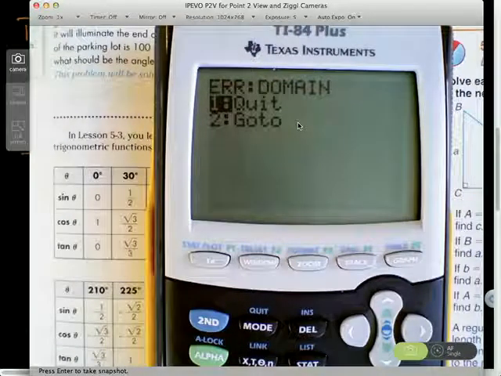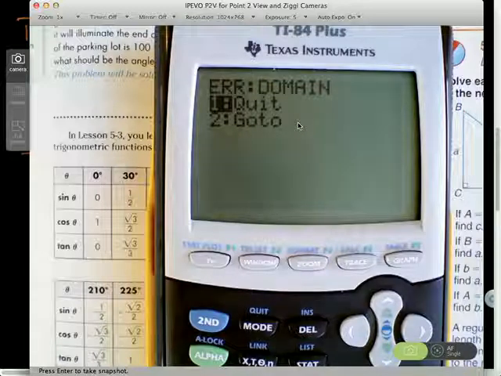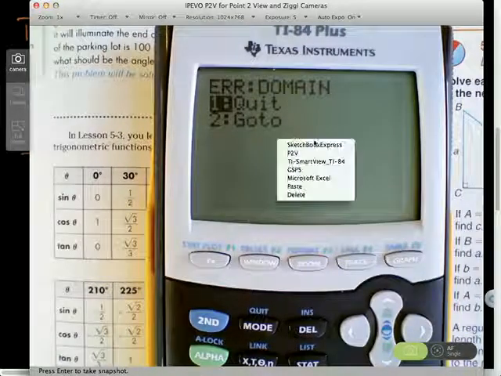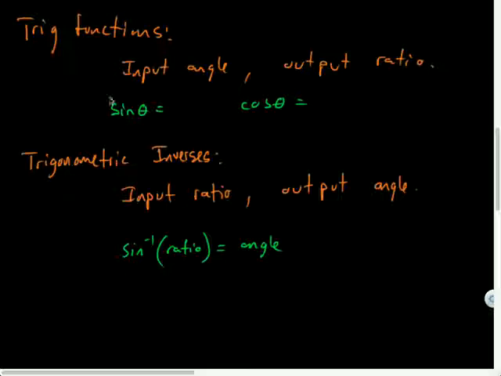And in fact, for the inputs that it allows, I don't know if you guys remember this, but the outputs from sine were always between -1 and +1. Actually, I might even describe that as the range of sine. It was the set of all y such that -1 is less than or equal to y is less than or equal to 1.